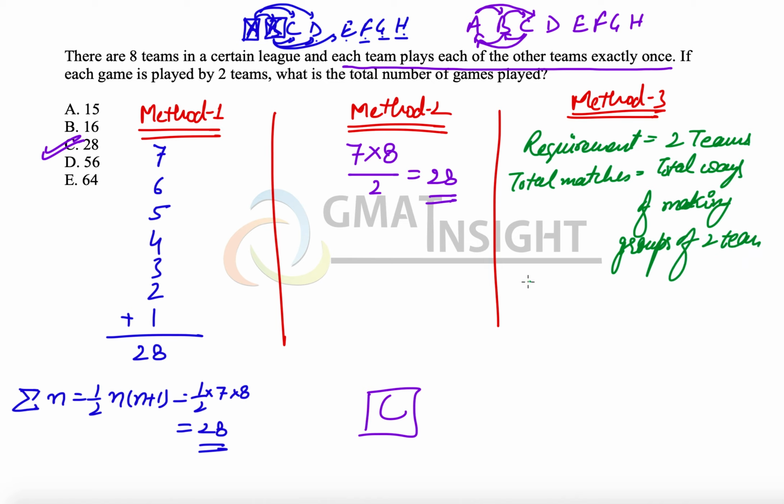We have 8 teams in total, and the 2 teams out of 8 can be identified in 8C2 ways. We are basically selecting all possible combinations of 2 teams out of 8.